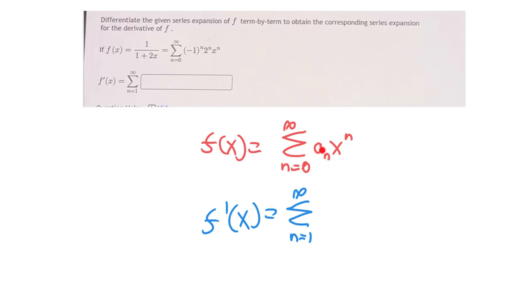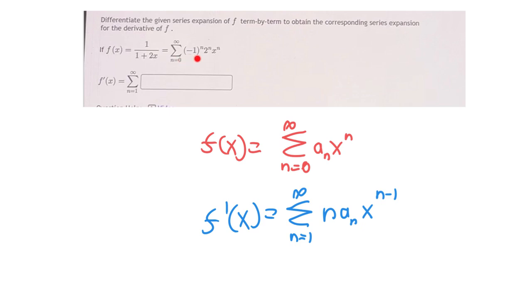A sub n is the coefficient, right? And what would we do if we were doing the derivative? We would put the n out front, right? So that's an n times the a sub n that is still there, and that's x to the n minus 1. Isn't that what we do when we take the derivative? That's really all we're doing with this.